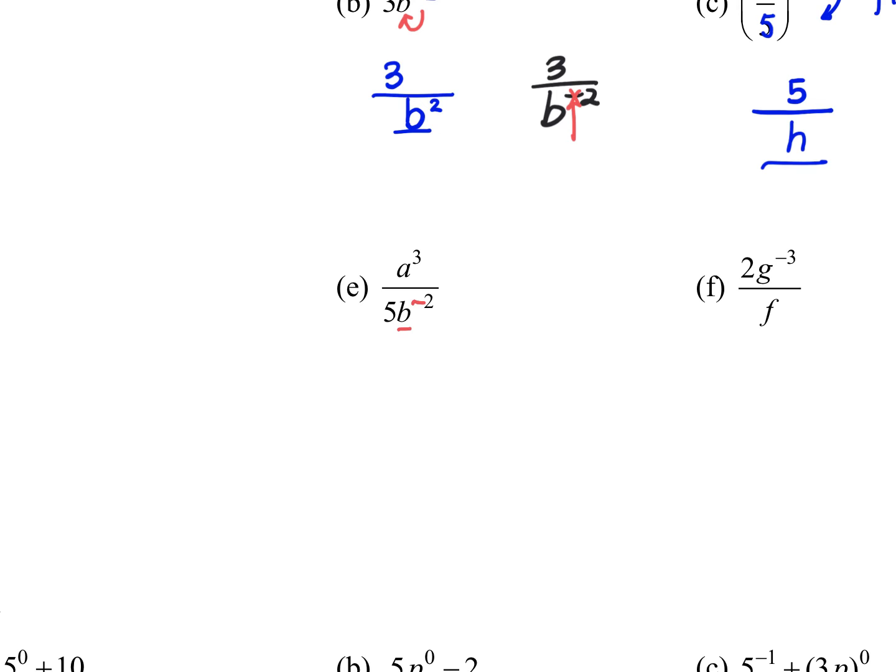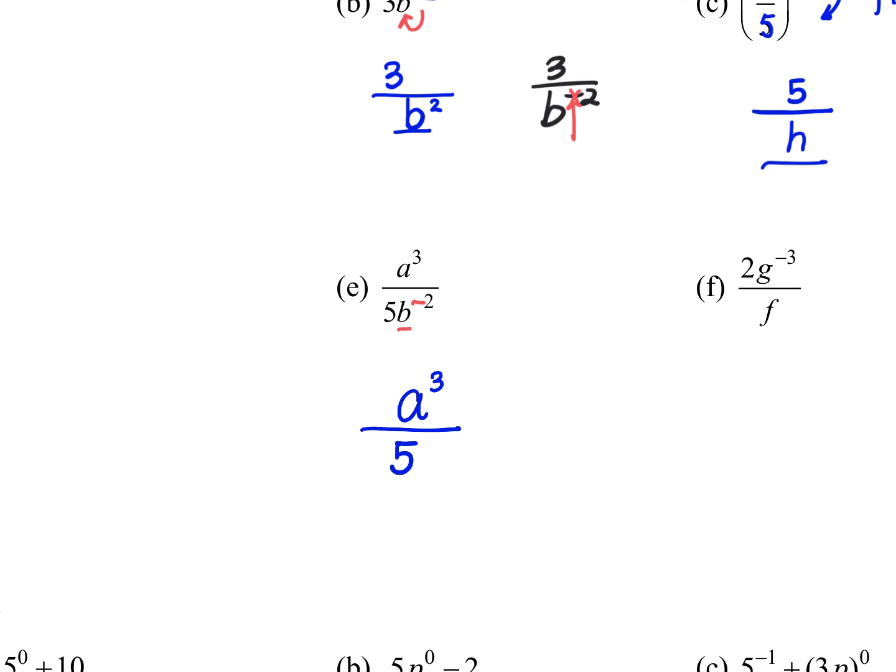So what do we do? In my fraction over here, a cube has no negative power. So it stays as a cube. And 5 has no negative power. So 5 stays in the denominator. Did not move anywhere. But B now has a negative power.